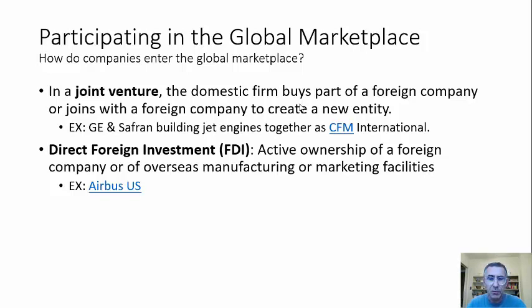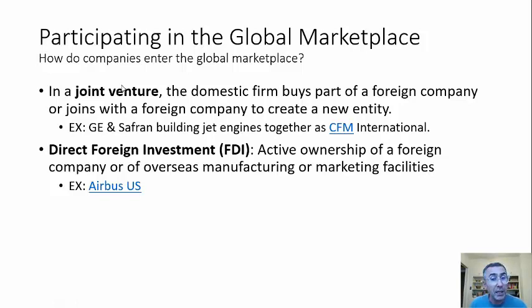And they decided that they could work together on making an engine together under a new name. And so the company is right here, CFM International, right? That's GE and Safran building jet engines together at CFM. So we call that a joint venture. A joint venture is two companies creating a third together.